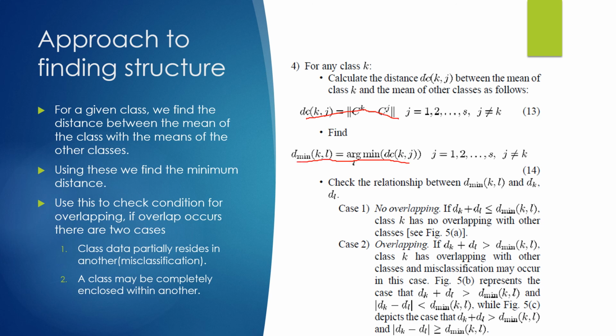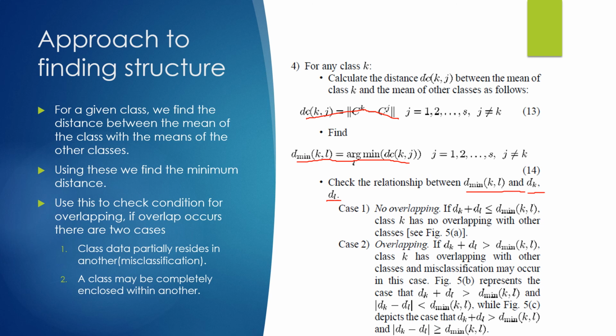We use this distance to check for overlapping between class K and any other class. We check this relationship using three terms: the radius of class K, the radius of class L, and the minimum distance between the mean of class K and the mean of class L. If the sum of the radii of K and L is less than or equal to the minimum distance between the two cluster centers, there's no overlap.